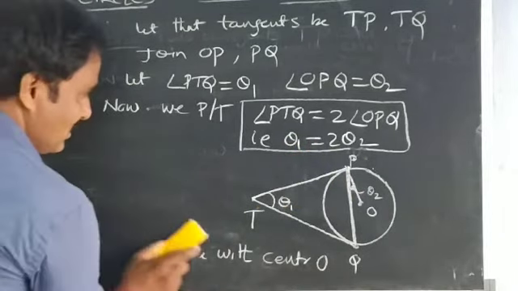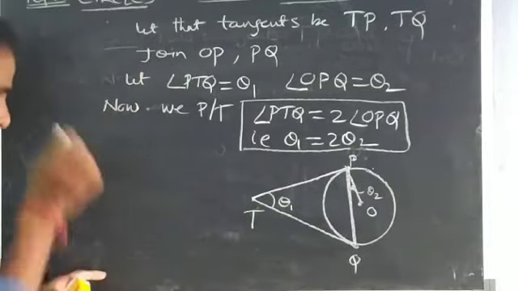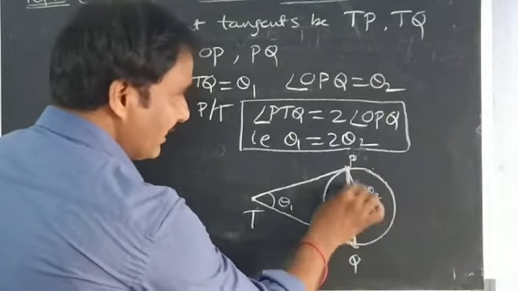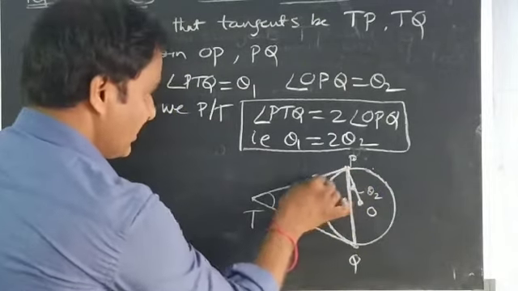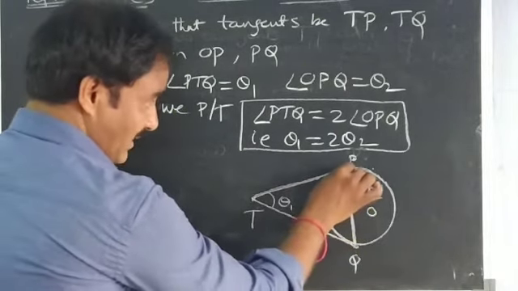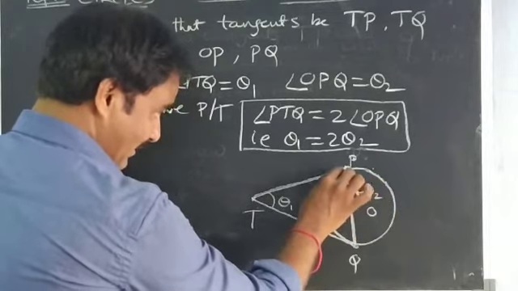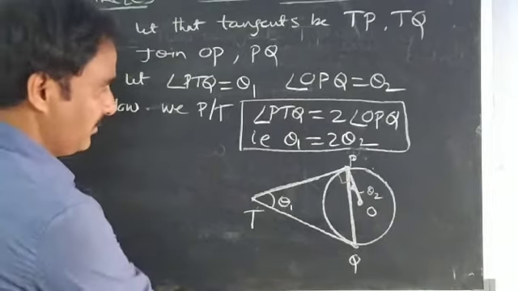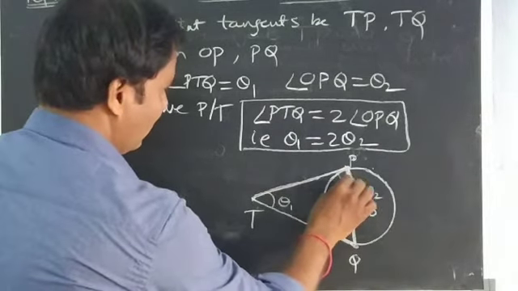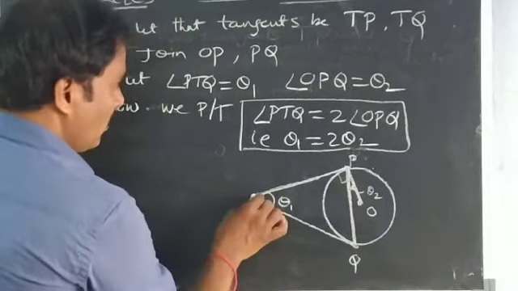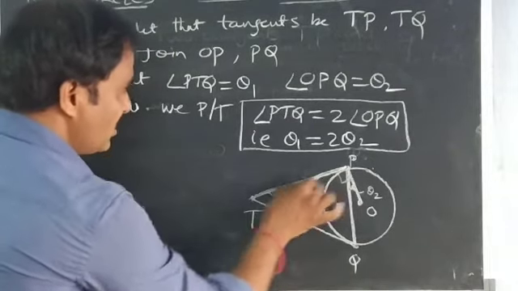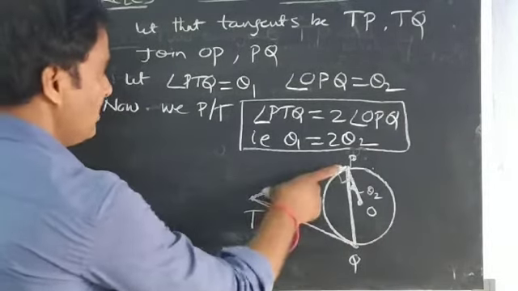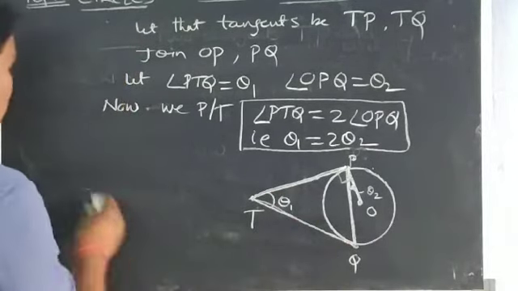Now let us check the diagram. See here, this is the line joining the center and the point of tangency, and this is the tangent. We know that the line joining the point of tangency and the center is always perpendicular to the tangent. This is a perpendicular angle. And one more thing, if from the external point you draw two tangents, the tangents have the same length. That means TP and TQ are equal.